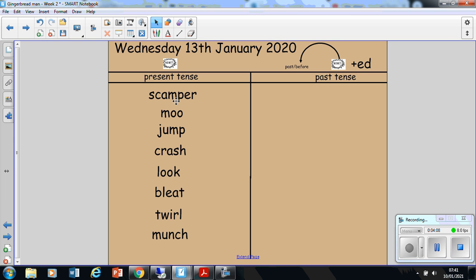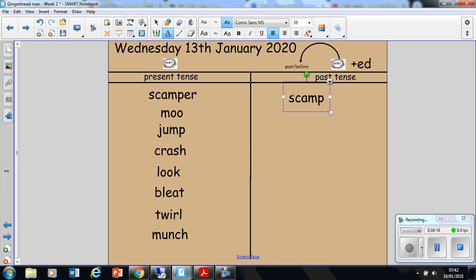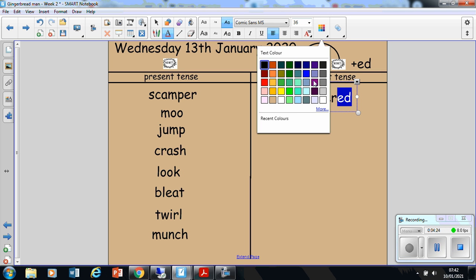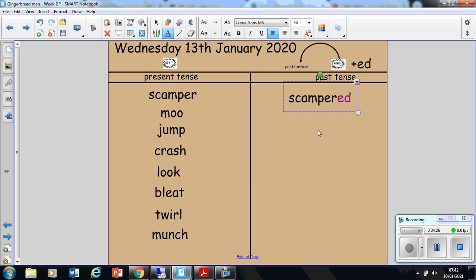So for example, scamper would become scampered. I'm going to just highlight that in a different color. There we go. That is all you are doing. You are adding the ed suffix to all of these words.